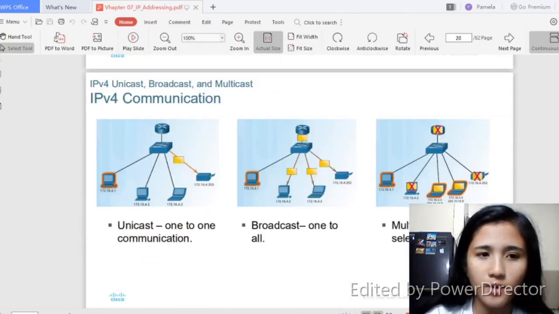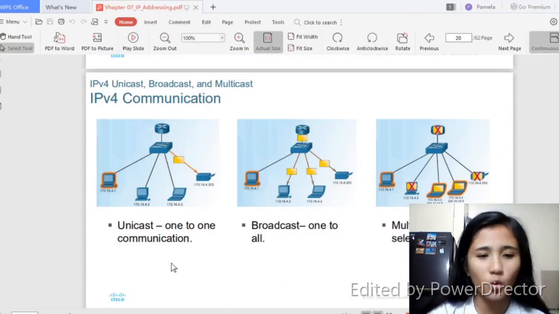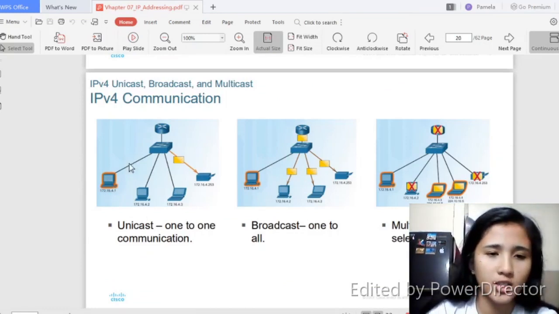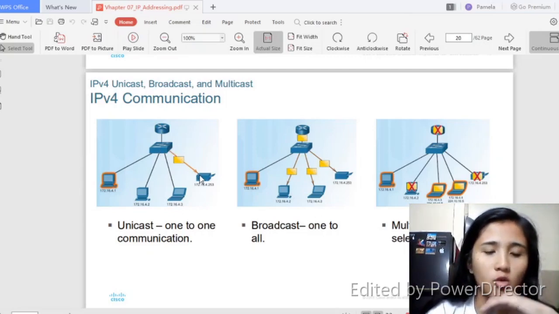So the IPv4 communication. Unicast is one-to-one communication, and broadcast is one-to-all. In example 1, this is the computer that sends a message. It is received by one only.